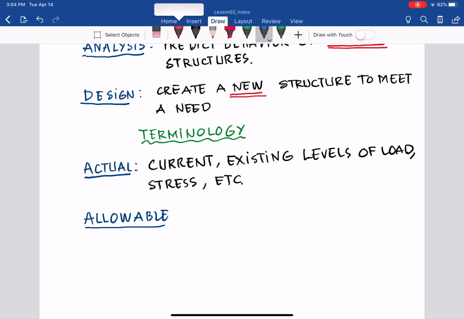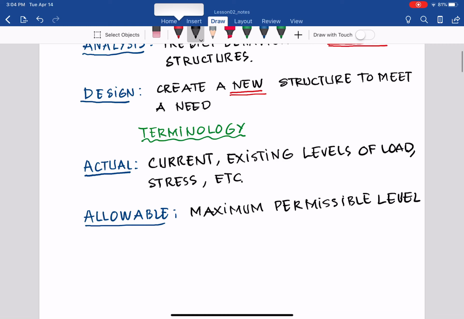So that is the allowable we're talking about here. Allowable means the maximum permissible level of load, stress, deformation, deflection, etc. That is allowable.